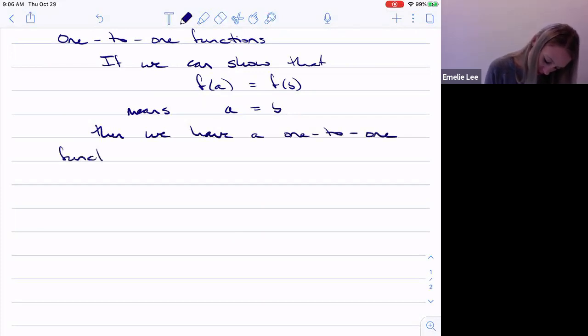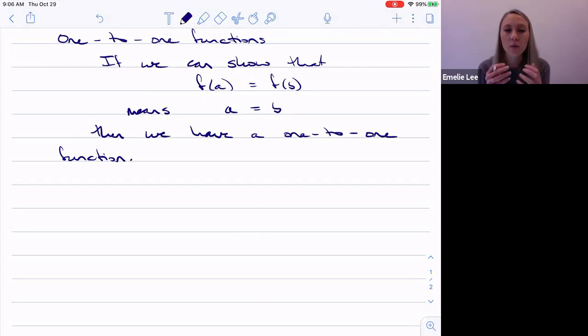Why do we care so much? We need a one-to-one function in order to find the inverse. Only one-to-one functions are invertible, right?